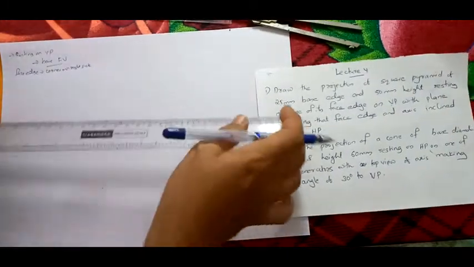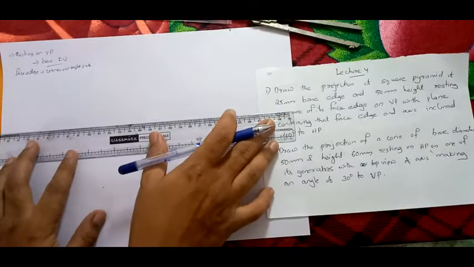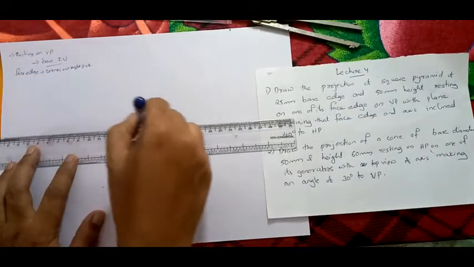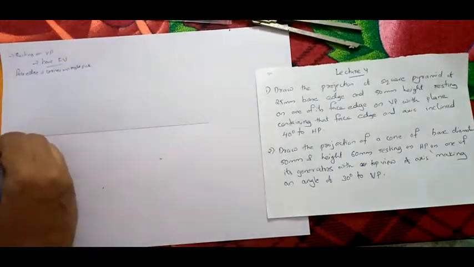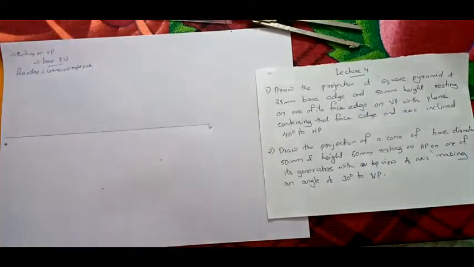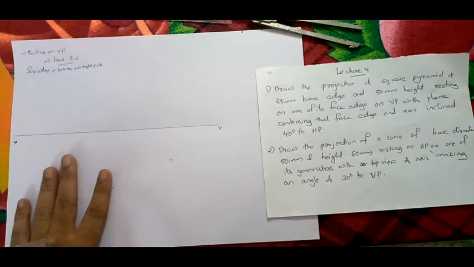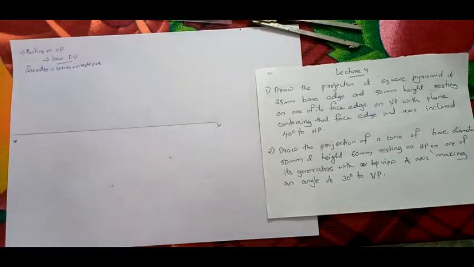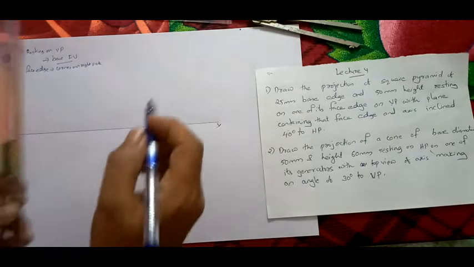So our base is on the front view. I'll draw the XY line first. Now I have to draw the base, right? Base on front view, that is above the XY line. Now the right side corner, how to draw a square I have already told you. I will draw once more.